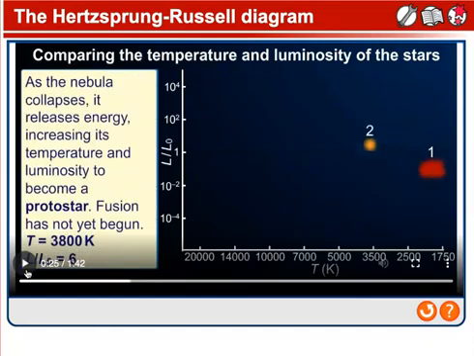As the nebula collapses, it releases energy, increasing its temperature and luminosity to become a protostar. Fusion has not begun. Our temperature now is 3,800 Kelvin.